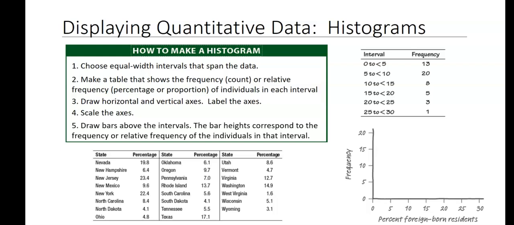Draw the bars above the intervals. The bar heights correspond to either the frequency or the relative frequency, depending on what you're measuring. That'd be a very nice histogram. You can see it's skewed to the right. The median is probably between 5 and 10, I'm guessing, and we can figure it out if we needed to.